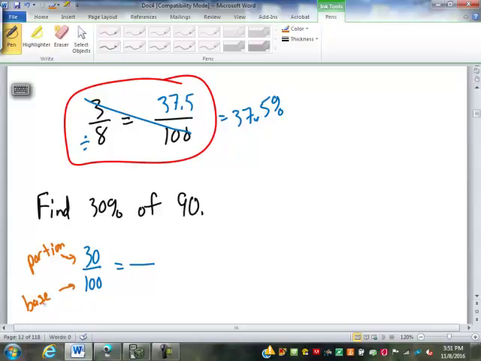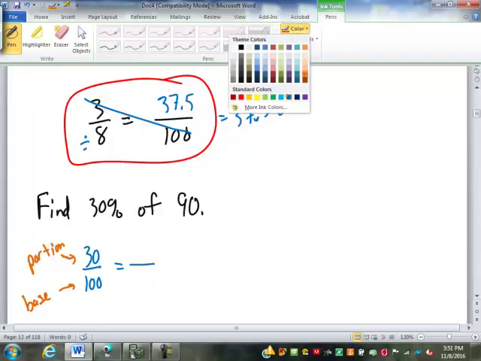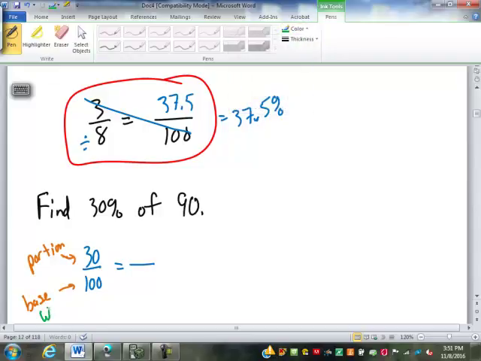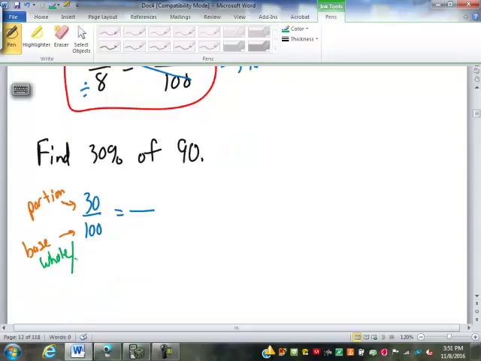So up here in the base, or the 100%, is usually the whole amount, or the beginning amount, or the starting amount. So we look in the problem, there are two other numbers. One number that's going to match up with the 30, and one that's going to be the whole amount, matching up with the 100, the base amount.